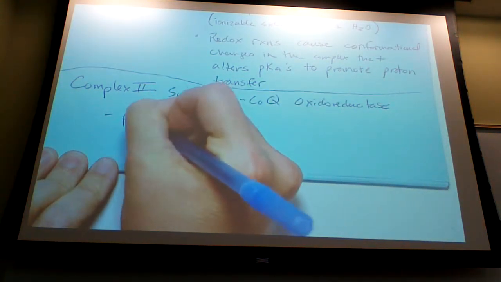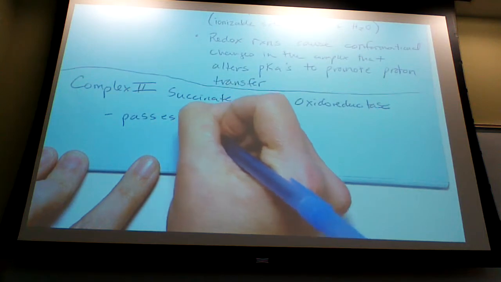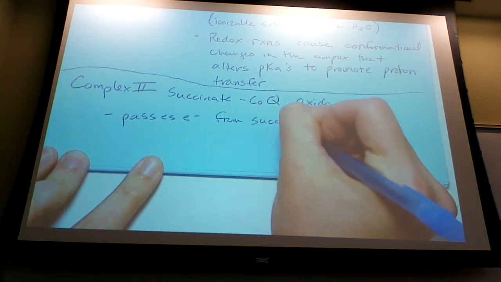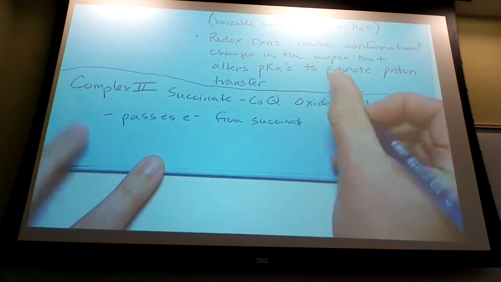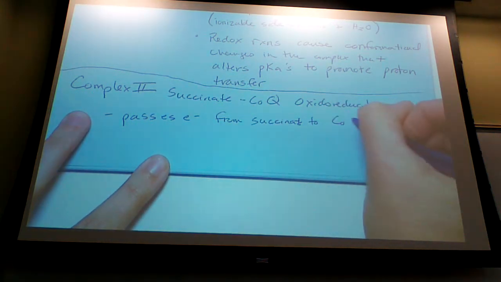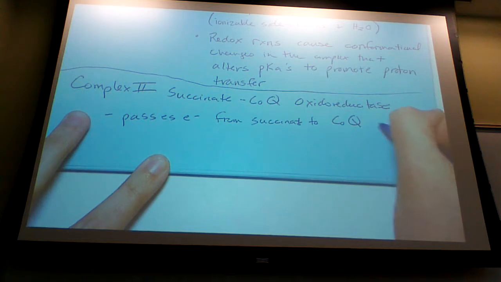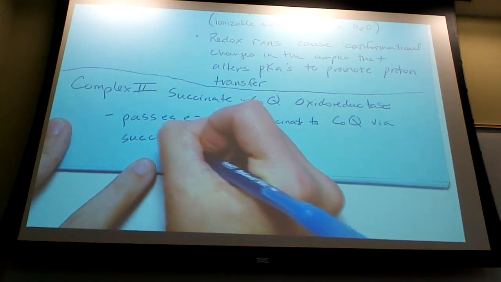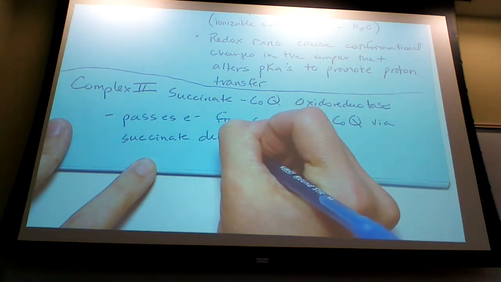This is going to pass electrons from succinate to coenzyme Q. And this is via succinate dehydrogenase, which we saw where?